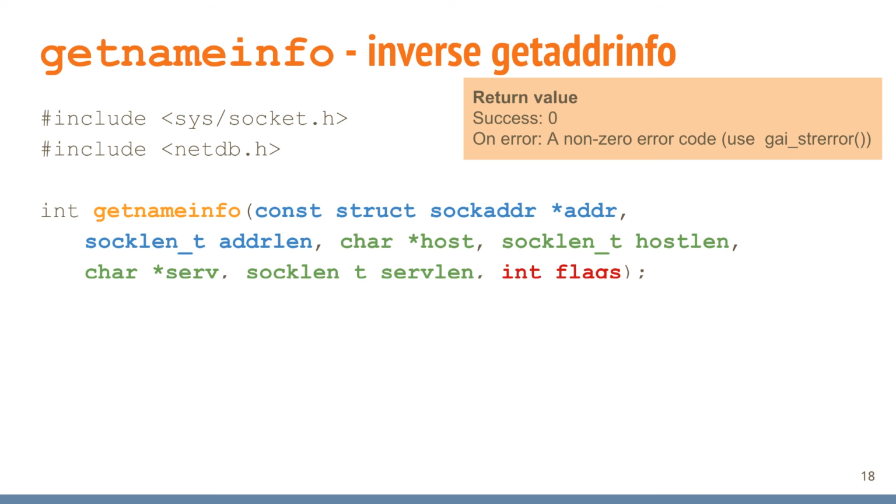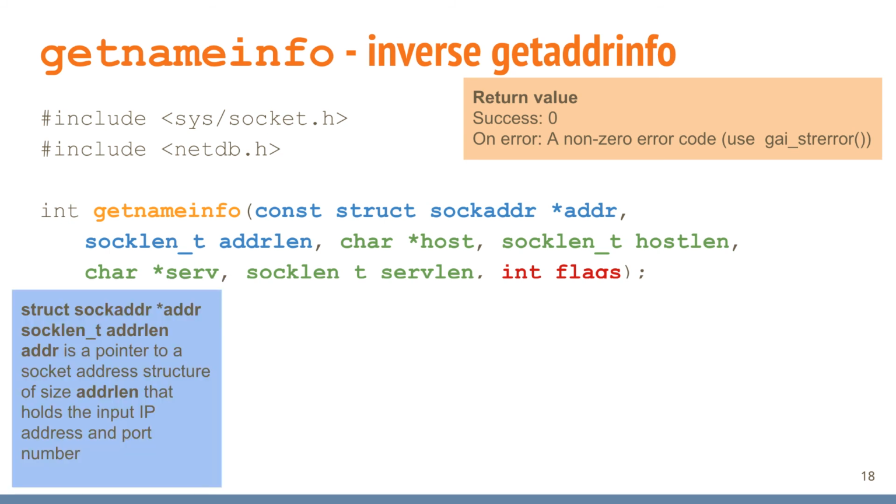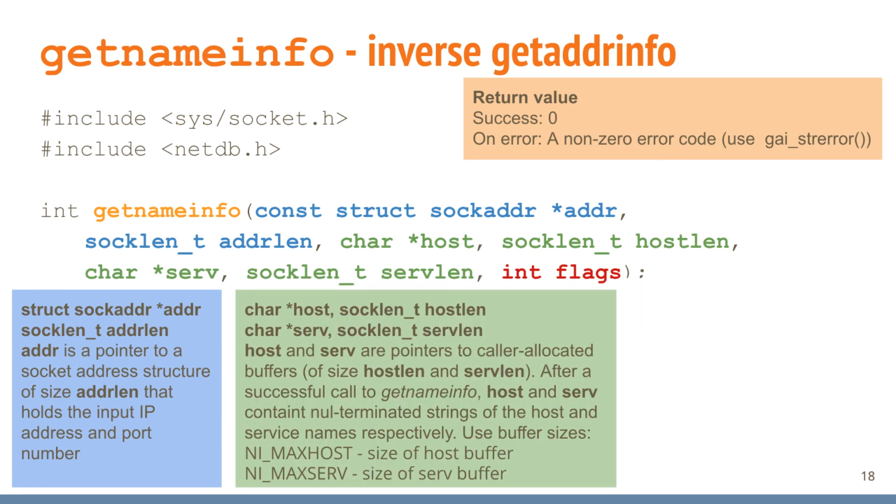Getnameinfo takes as a first and second parameter a socket address structure and the length of that structure. These two we already know from getaddrinfo, since these are members of the addrinfo structure. The host and host length parameters that follow hold a pointer to a character array and the length of that array. The name of the host will be written into that array.